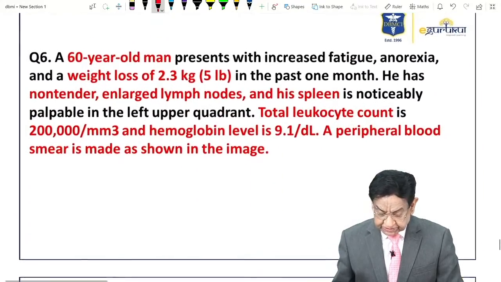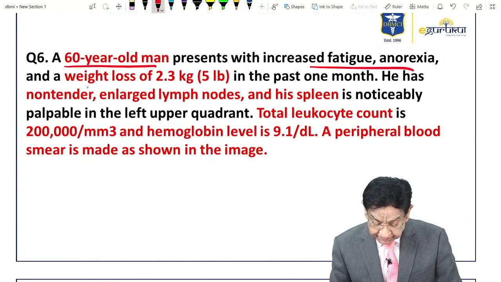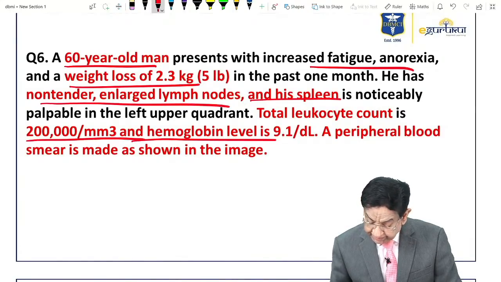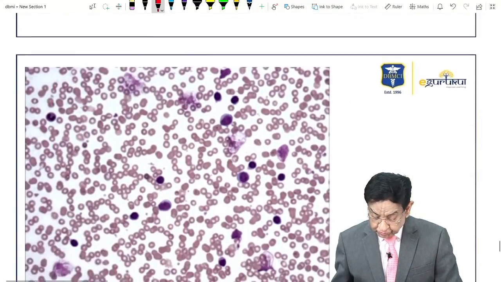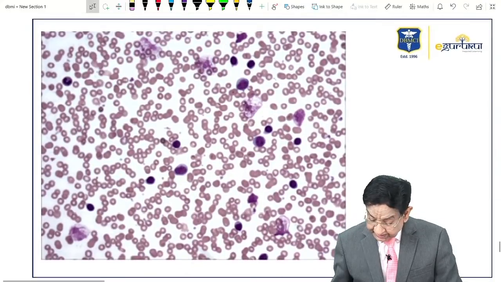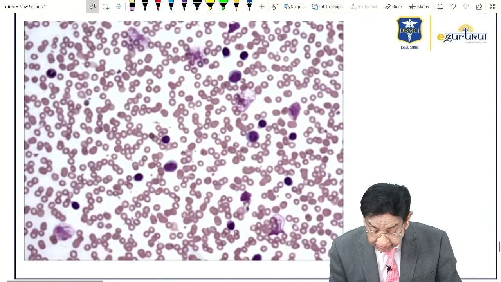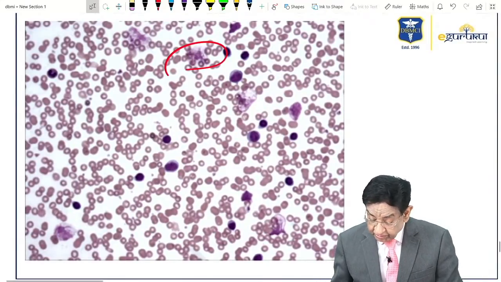Question number 6: we are getting a 60-year-old man with fatigue, weight loss, lymph nodes enlarged, spleen large, TLC count very high, hemoglobin low. Peripheral smear is made that shows a lot of smudge cells.